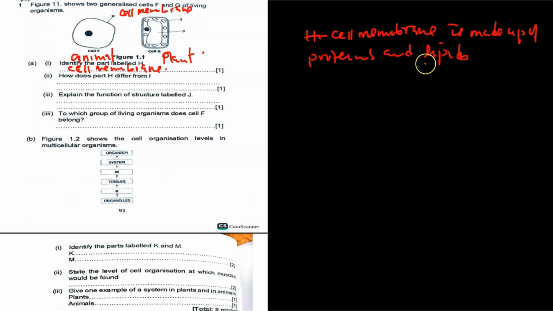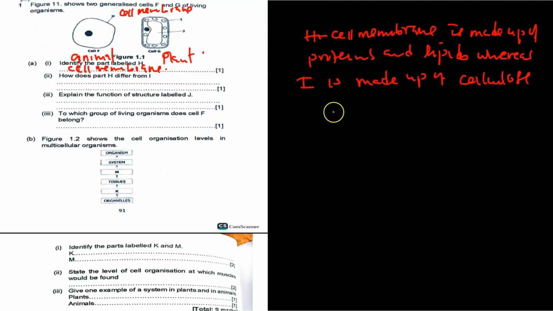So that is in terms of what they are made up of. Whereas I is made up of cellulose. So this one is made up of cellulose, and this one is made up of what? Proteins and lipids.